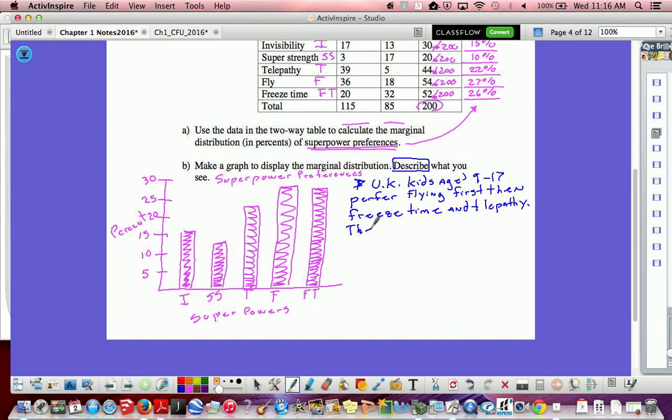Then I might say the least preferred superpower was super strength, followed by invisibility.